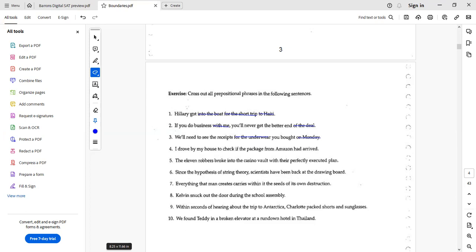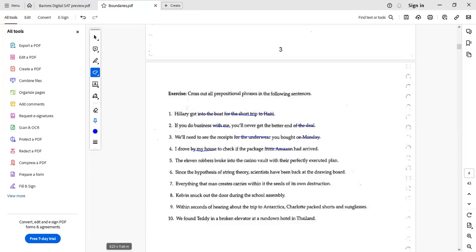From Amazon only. There is another one. To check. We said a noun or a pronoun. Check is an infinitive. No, by my house. Okay, Dunya? By my house, from Amazon. You have to divide the prepositions, Dunya.